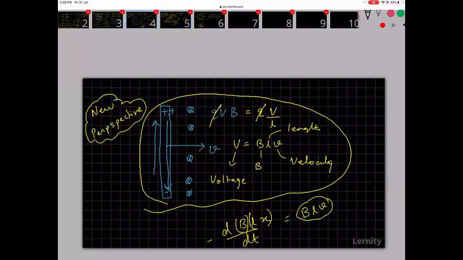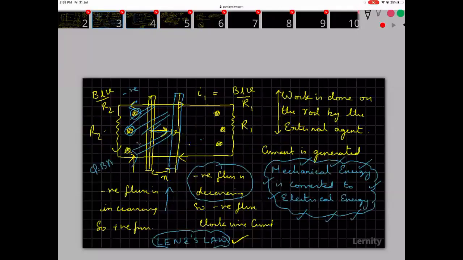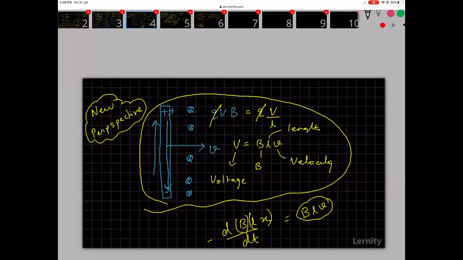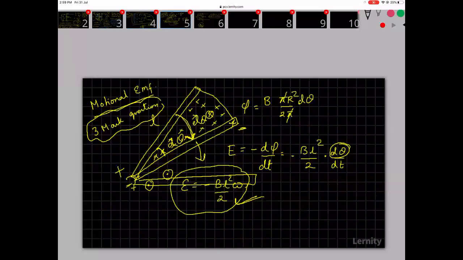This was the previous slide where I said with a new perspective, force is equal to BLV. Then I hope this is clear.